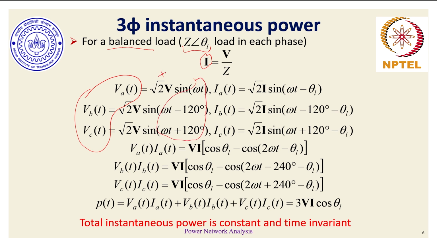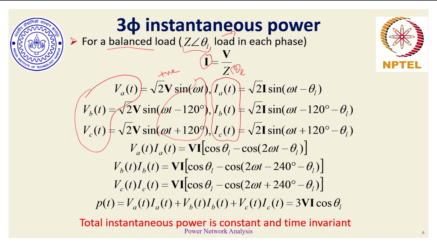This is the positive sequence voltage. And since I know the value of impedance or the load, which is Z at an angle theta, I can also find the corresponding phase currents that are likely going to flow in the respective phases to satisfy this three-phase balanced load, which has the same quantum of load across each phase.